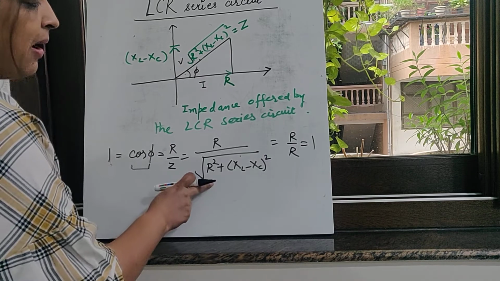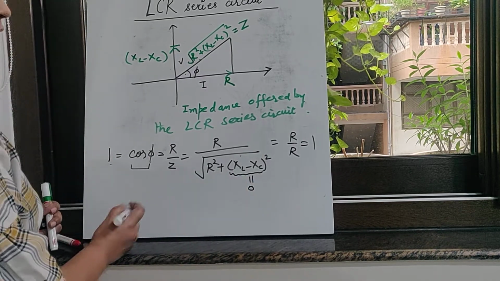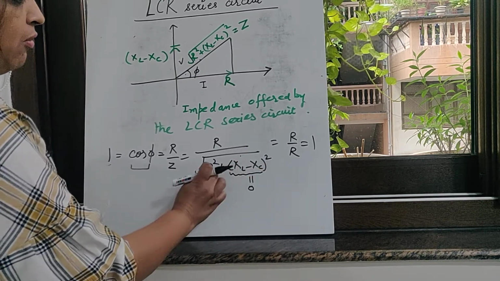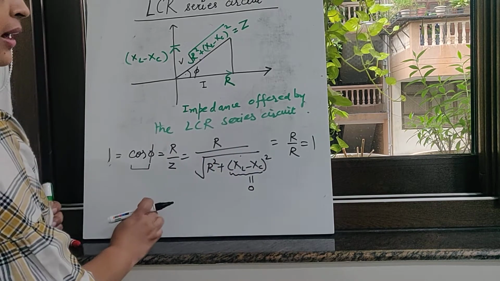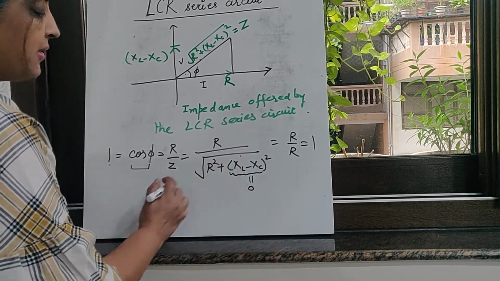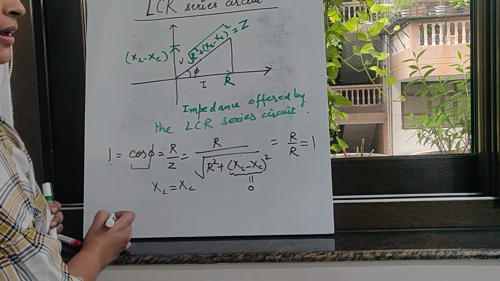Now we will have R by R only if this factor somehow becomes 0. Then R square will come out of the root, become R, and R by R will cancel and give you 1. Now this can become 0 only if XL is equal to XC, right?